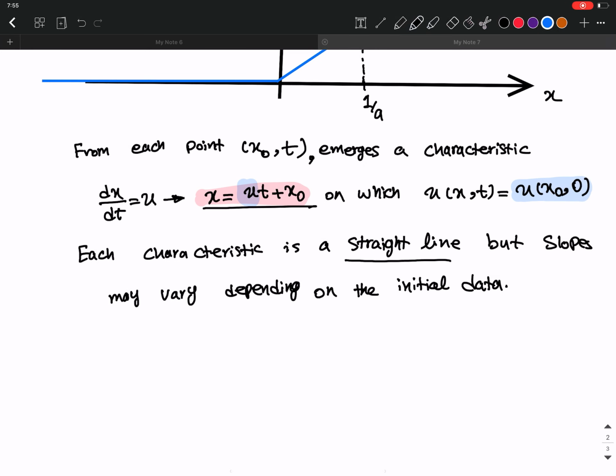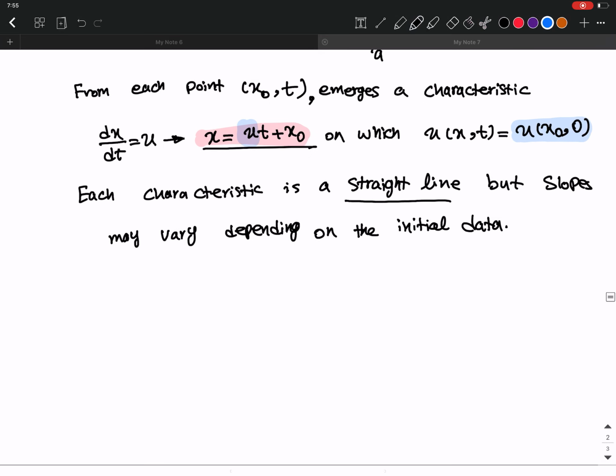So let's now try to find these characteristics and then plot them.